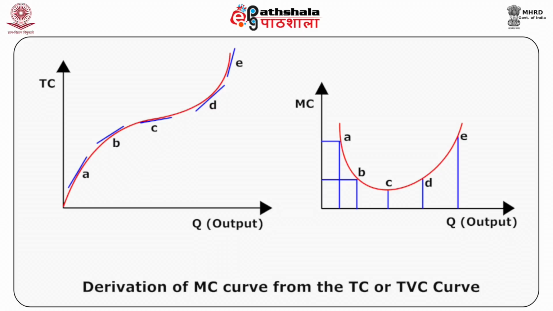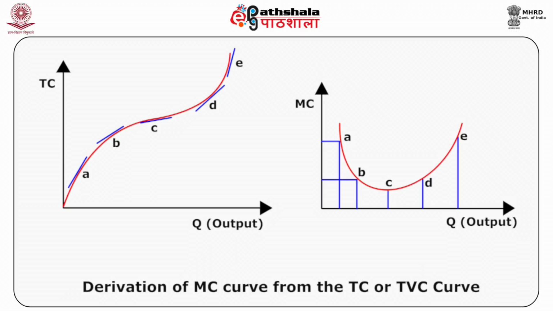In the right hand panel, you will see that at point A, the marginal cost is the highest. At point B it declines, at point C it declines further. But at point C, if you look at the left hand panel, you would find that the slope of that small blue line is actually parallel to the x-axis, which means the slope is 0.